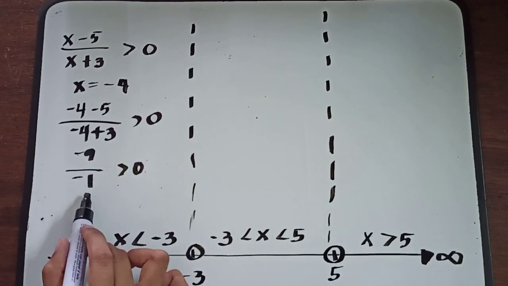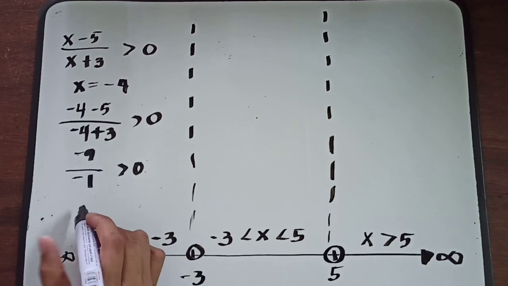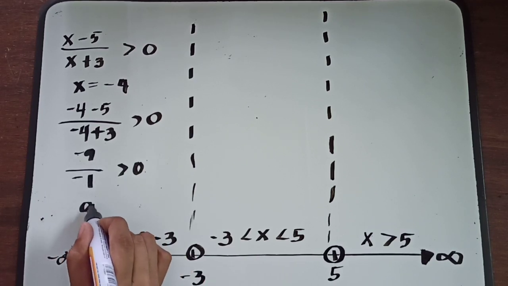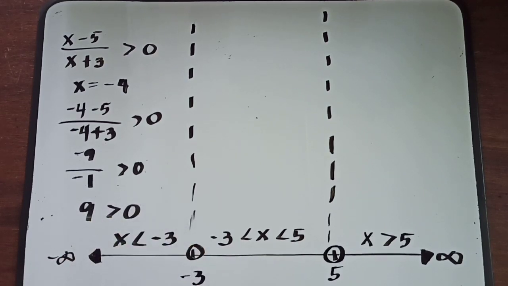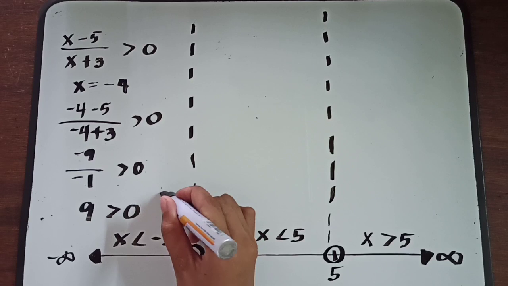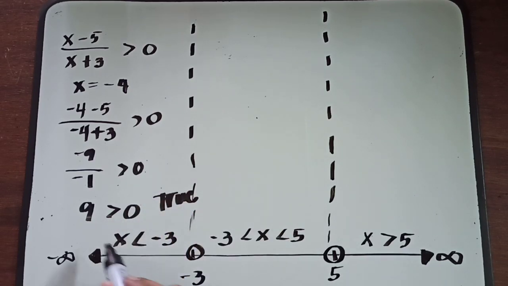And negative 9 divided by negative 1. So negative divided by negative is positive. So that is positive 9 which is greater than 0. So obviously this is a true statement. So since 9 is greater than 0, it means this interval is included in the solution set.